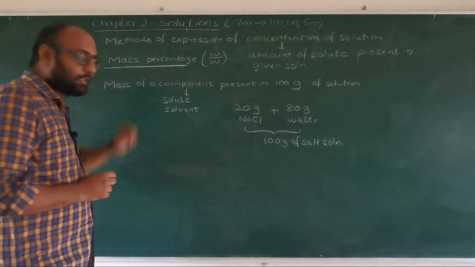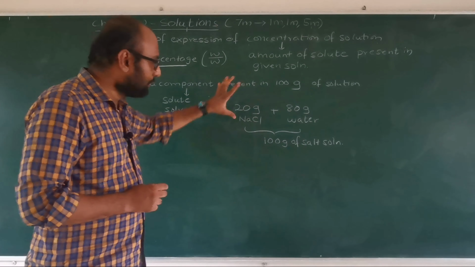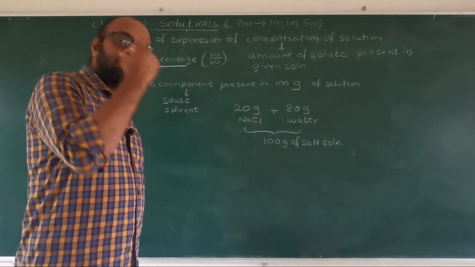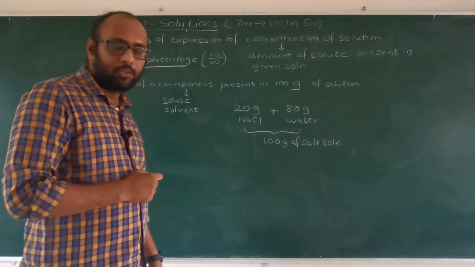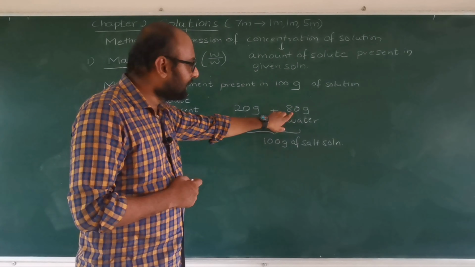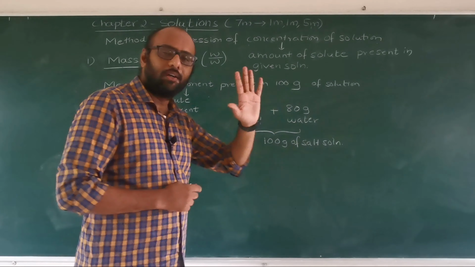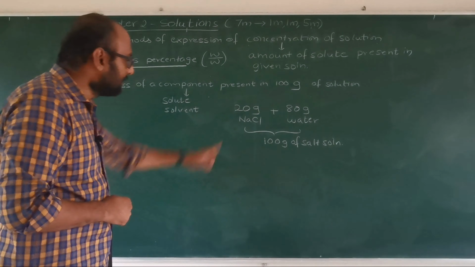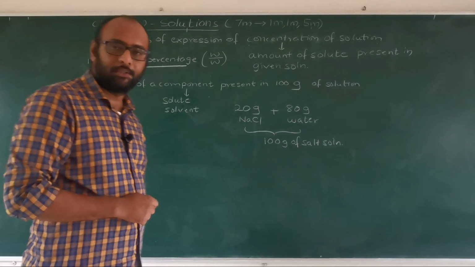Now, what is mass percent? What is the mass of solute? Which is the solute here? NaCl is the solute. Solute means substance or component present in smaller quantity. Solvent means substance present in larger quantity. NaCl is the solute, water is the solvent. Now, mass of solute, that is 20 grams, is present in 100 grams of solution.